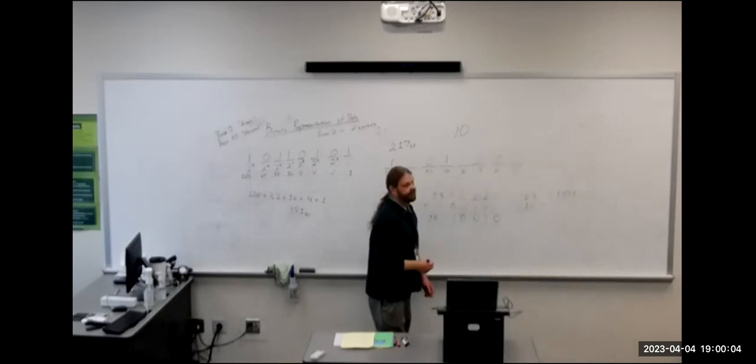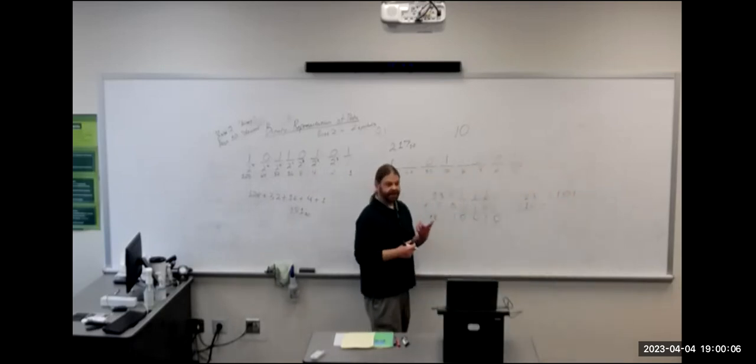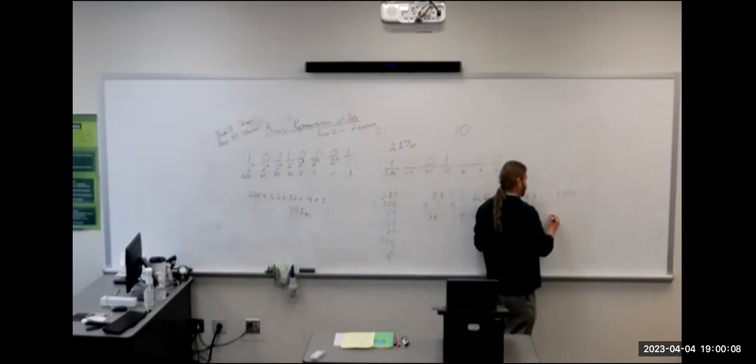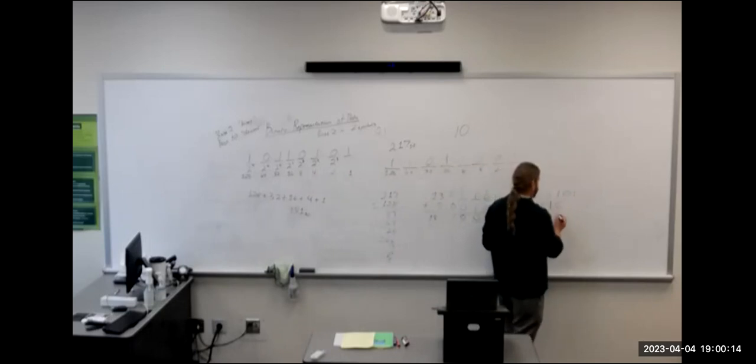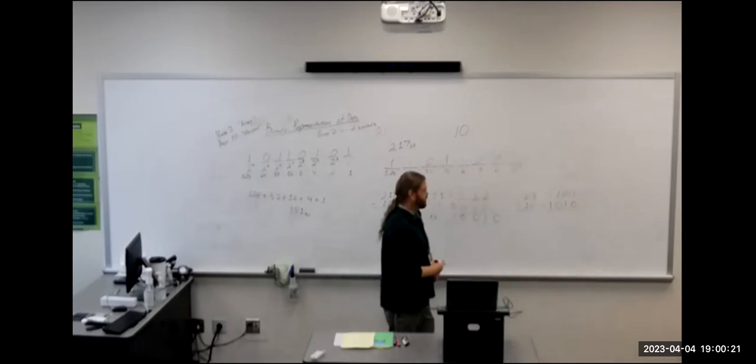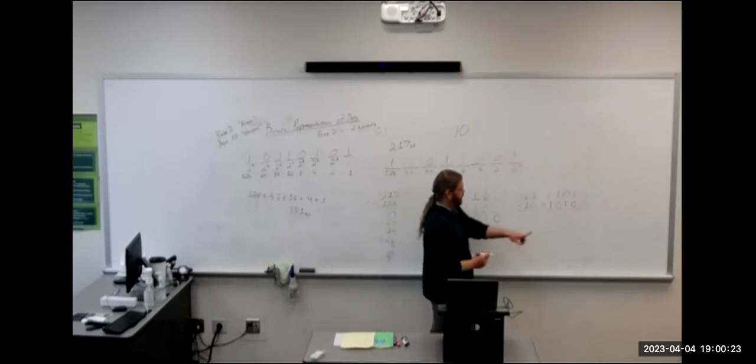Minus 10, we would have an 8. 10 minus 8 is bigger than 0. So yes, we have an 8. Leaves us 2, so we don't have any 4s. Have a 2, and then that gives us a nice round number.